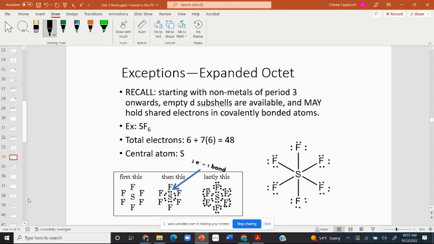And we would go 2, 4, 6, 8, 10, and so forth and so on. We'd end up with 48 electrons and everything would be happy. Because at that point, fluorine would have 8 and sulfur would have more than 8, but that's okay because it can expand its octet.